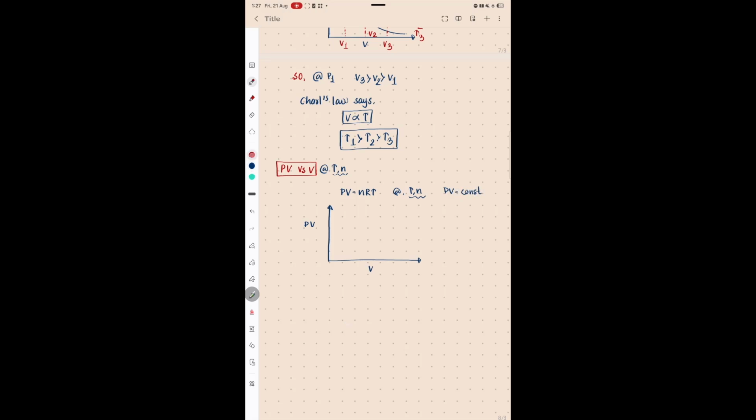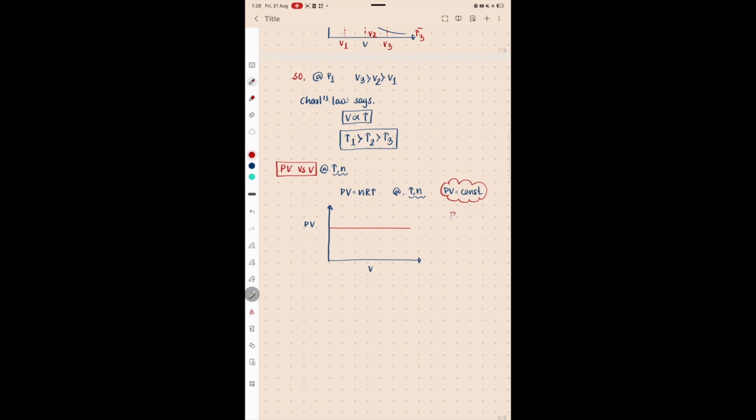That means it does not depend on any variable now, right? These things become constant. So if I am varying anything, there will be no variation, so it will be a constant line, right? Now can you explain why this is happening? I mean, can we understand this?